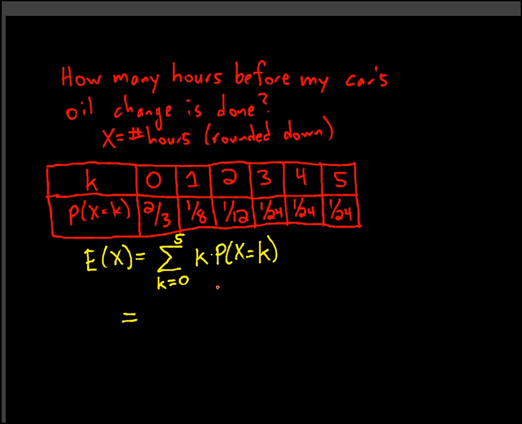Now, you wouldn't even have to write out that sigma notation for this expectation. You could instead just multiply your values times the probability, right? K equals 0 corresponds to probability that X equals k is 2/3.